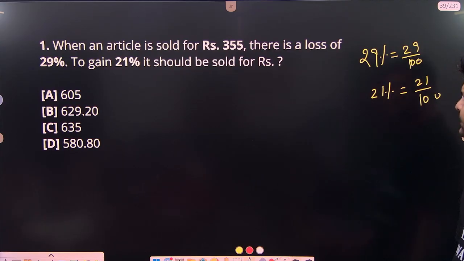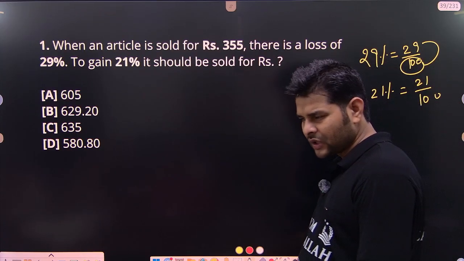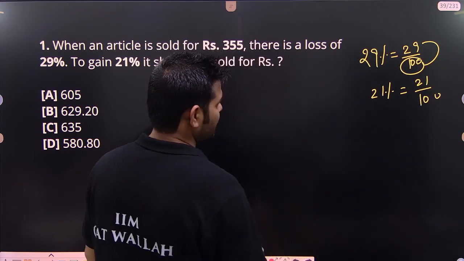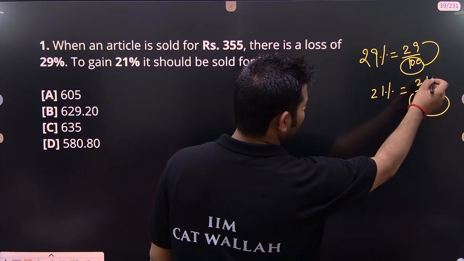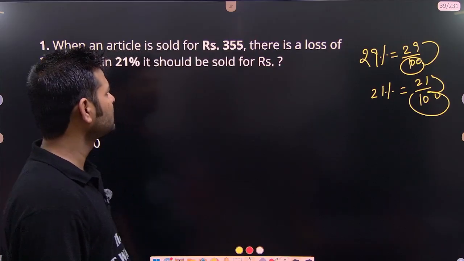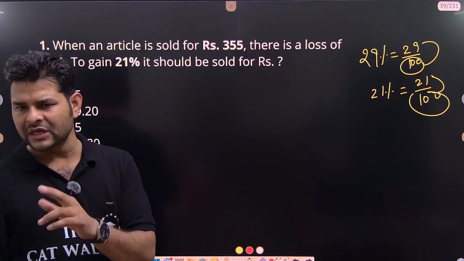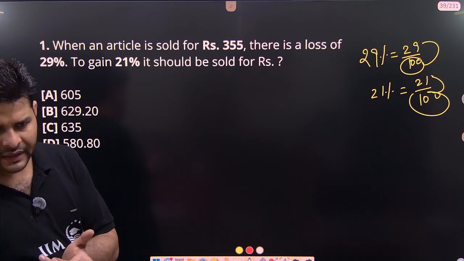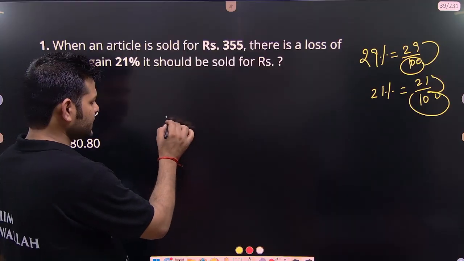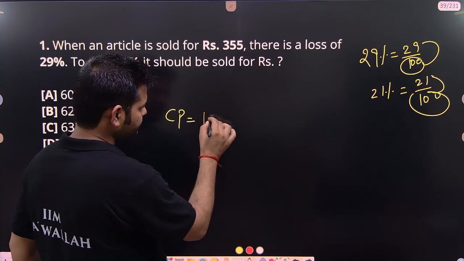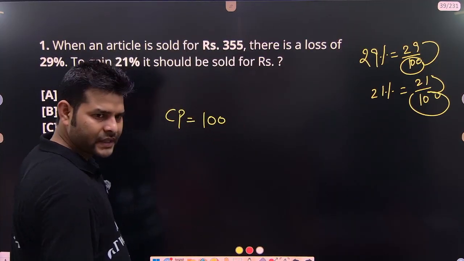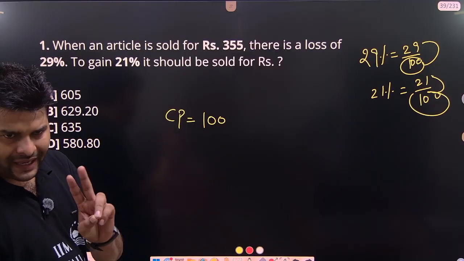That cannot be calculated directly. So basically, CP is 100 and he got 29 as a loss according to the first statement. According to the second statement, CP again is the same and he wants to make a profit of 21. So in both scenarios, CP must be 100. So we have two SPs.